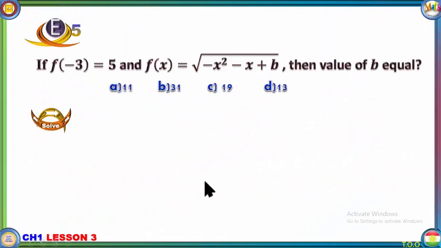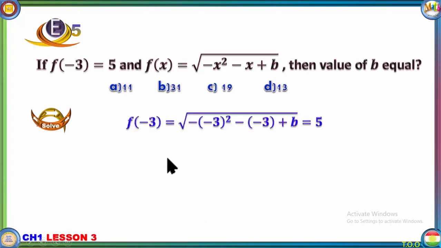Example number 5. If f of minus 3 is equal to 5 and f of x equals the square root of minus x squared minus x plus b, then the value of b is equal to 11, 31, 19, or 13. Find f of minus 3. Replace in this function minus 3 in place of all x. It becomes the square root of minus 3 squared minus minus 3 plus b.